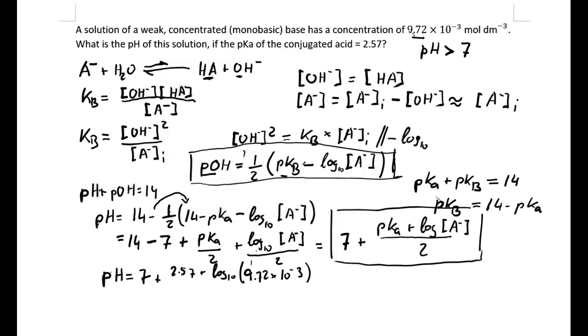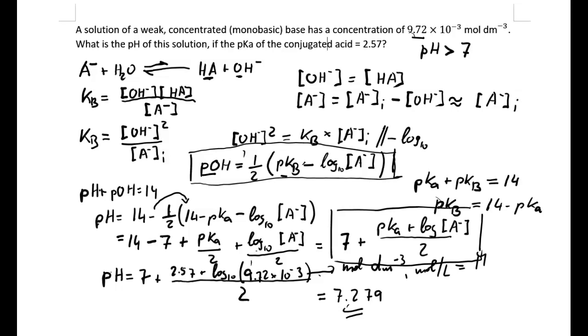I need to be careful because this concentration needs to have the unit of mole decimeter to the minus 3 or mole per liter, which is also abbreviated by M. And we must not forget to divide this by 2. So that would be the numbers. And if we put this into a calculator, we would get 7.279 for our pH.